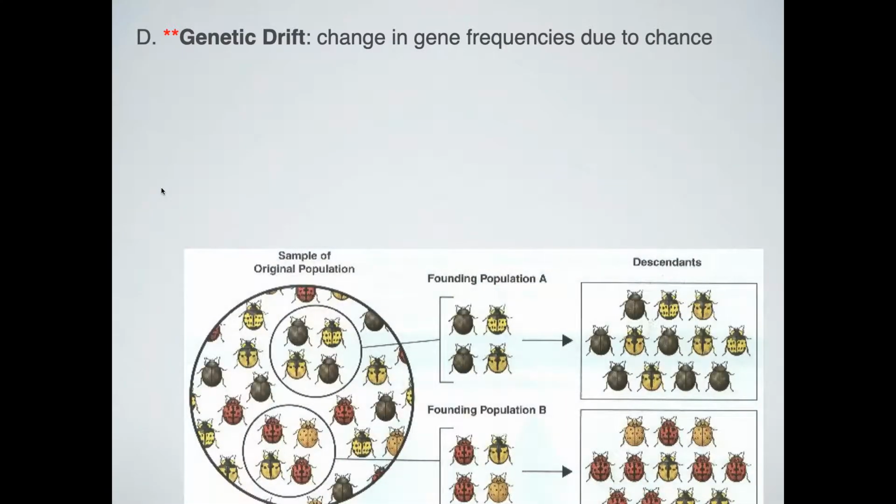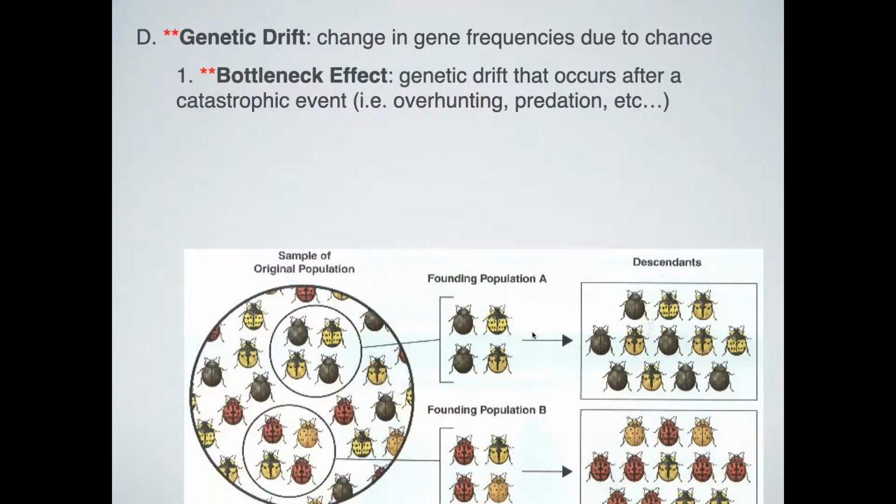So again, let's say we have this huge variety in this population. And instead, I just select like 4 at random and take them out. Okay, so what we like to call that is kind of the bottleneck effect. So the bottleneck effect is when genetic drift is occurring.